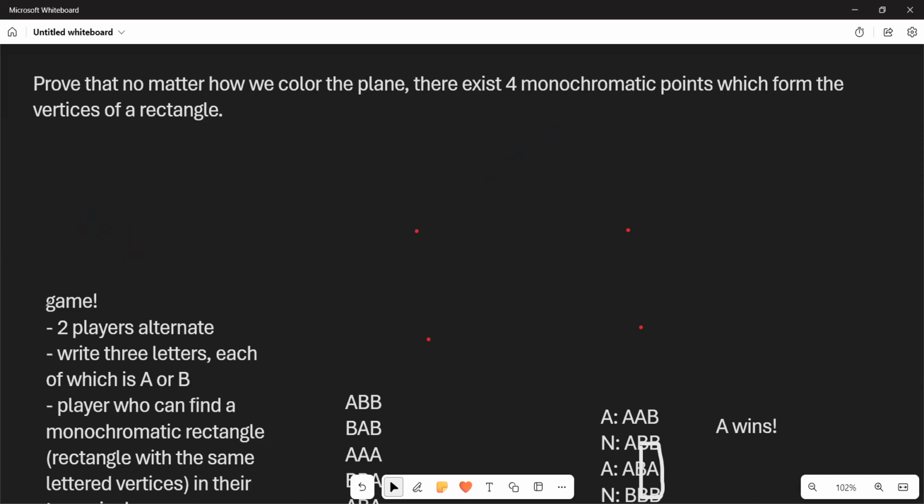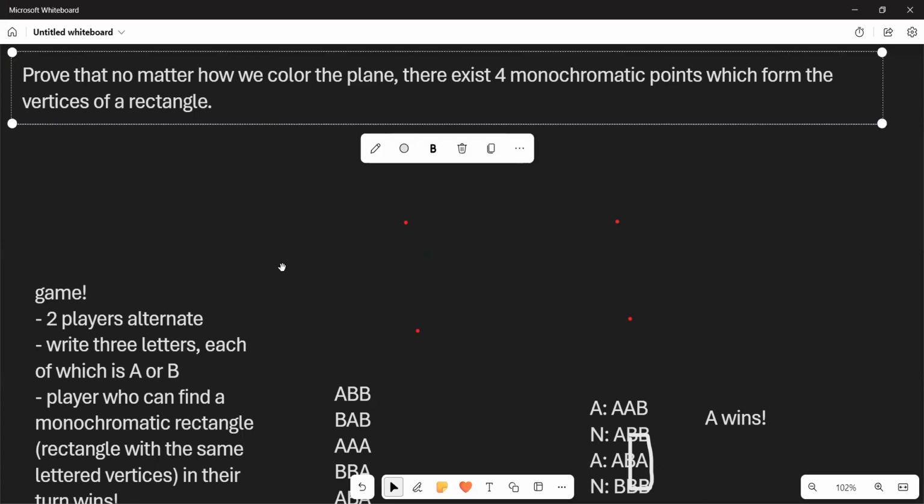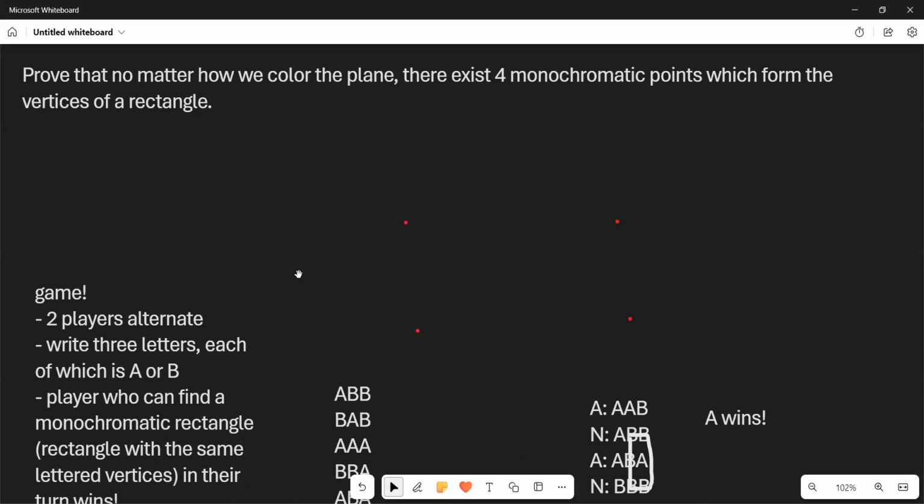No, ma'am. Instead of the colors, we just used A and B. Would you like to elaborate on that? How did we end up proving this by playing this game?